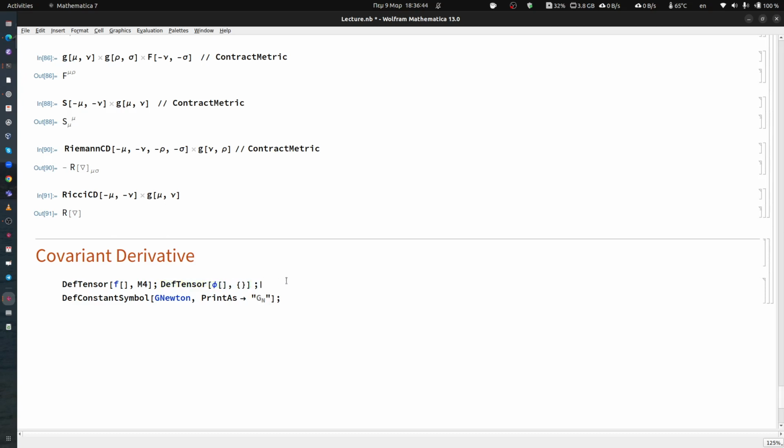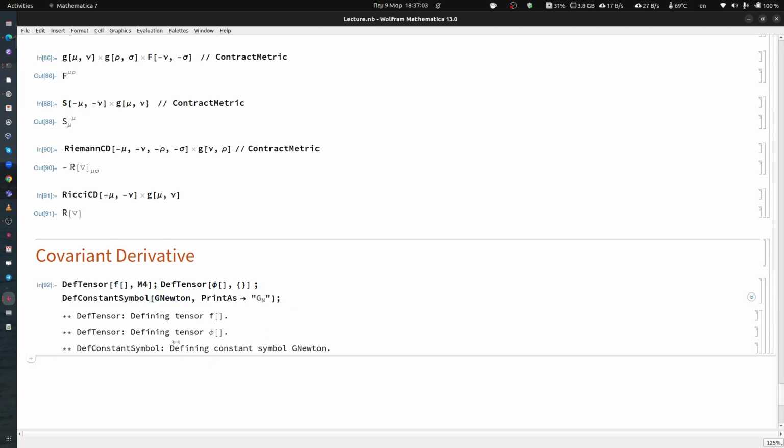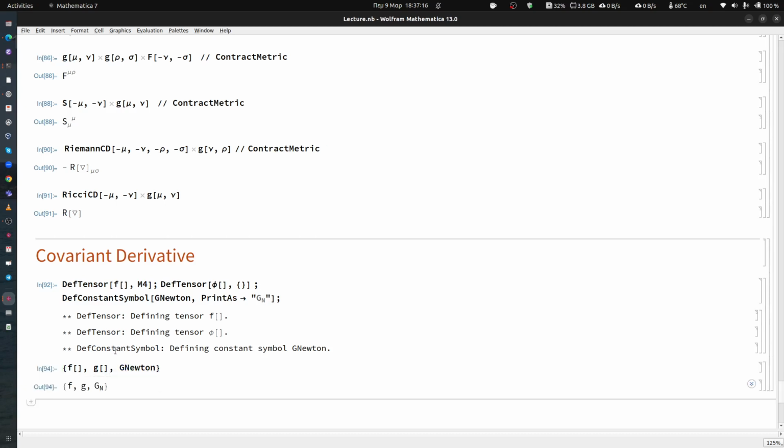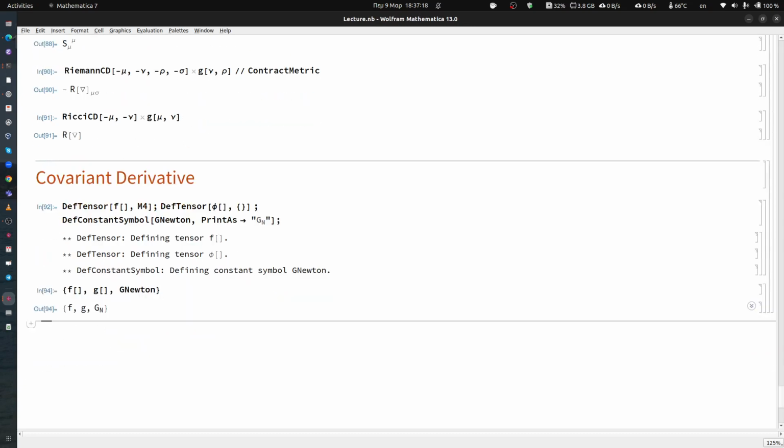That is a sign that this scalar here is covariantly constant. We also define a constant symbol, G Newton, which we ask that it is printed in this simple way. So now if we write F, phi, and G Newton, this is the result of the output.